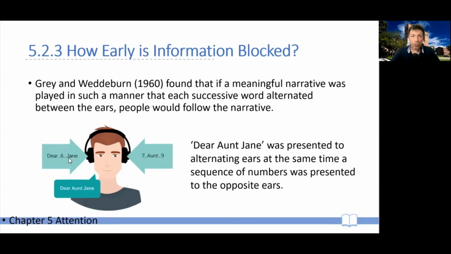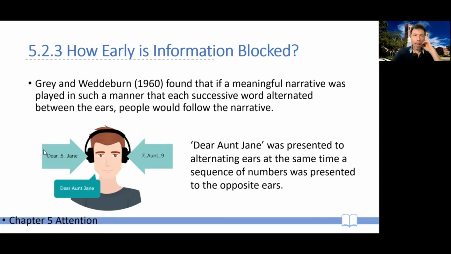Another wonderful demonstration from the year after was that if you give a meaningful narrative and play it in such a manner that words that follow each other alternate ears, then people will switch from one ear to the other.